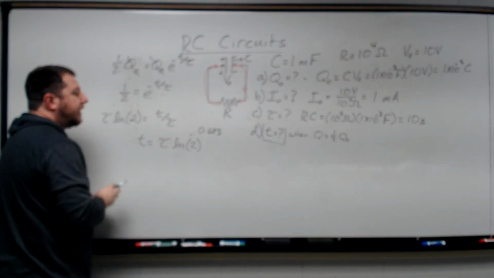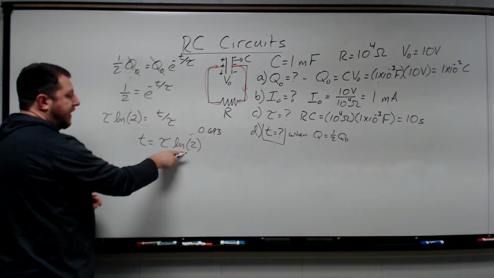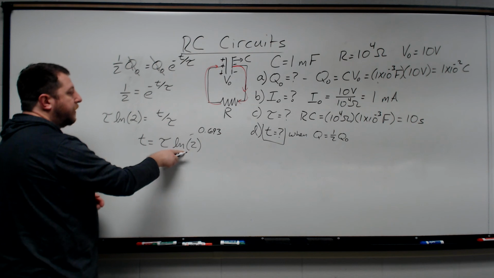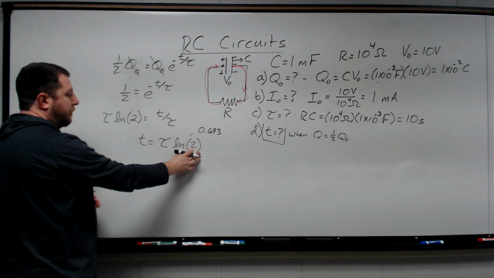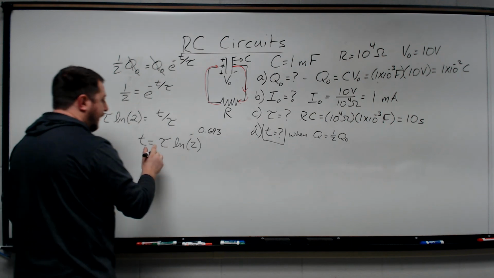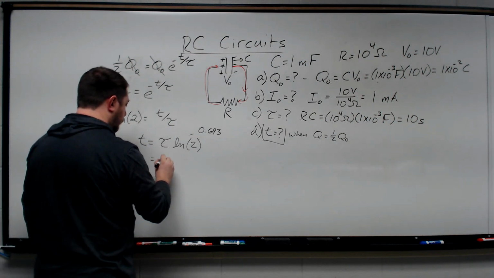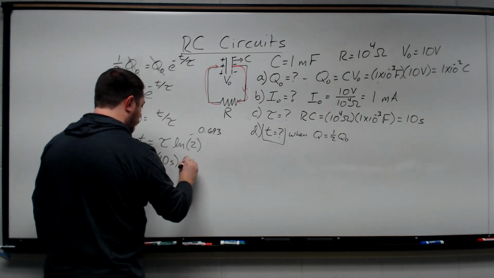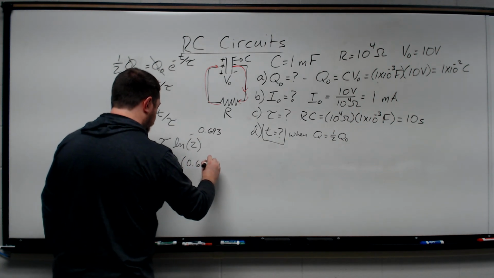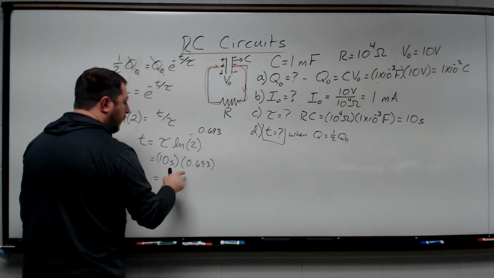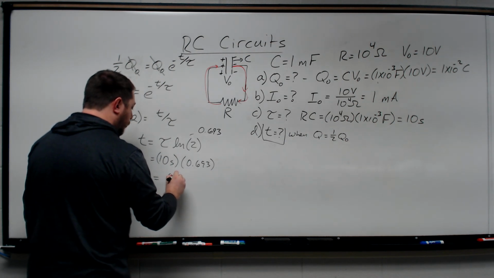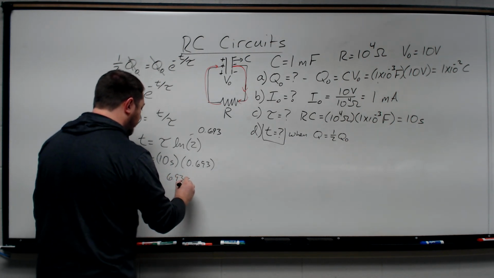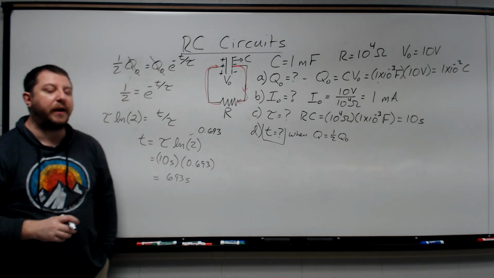Okay, and again, the natural log doesn't have a unit in its argument, so this is a unitless number multiplied by 10 seconds. So what this is telling you is after 6.93 seconds, our values will have dropped by 1/2.